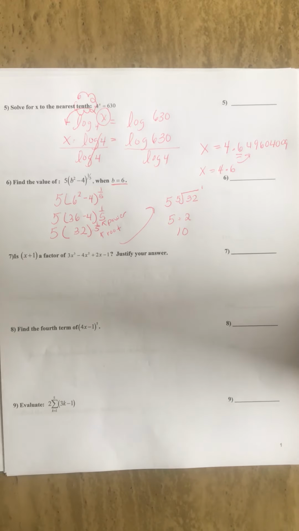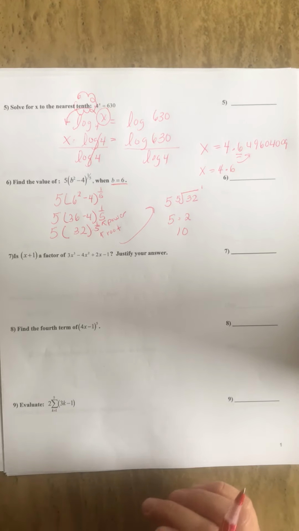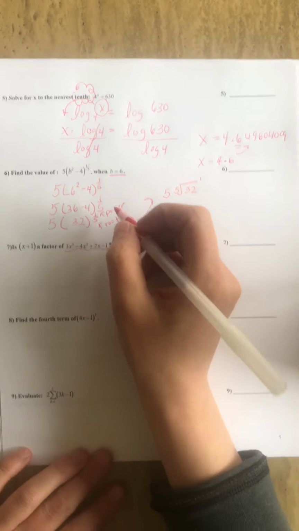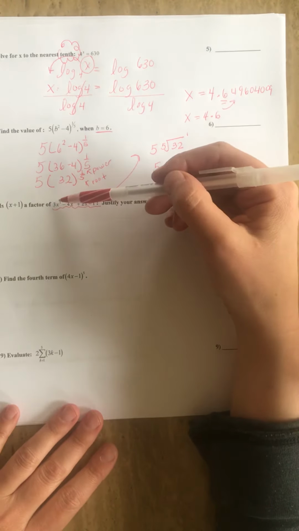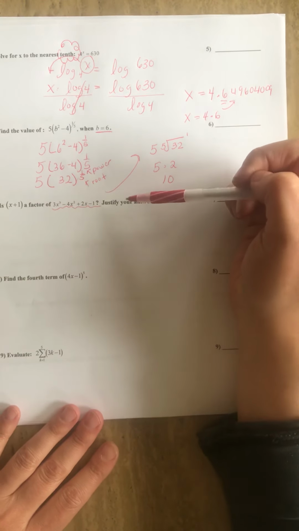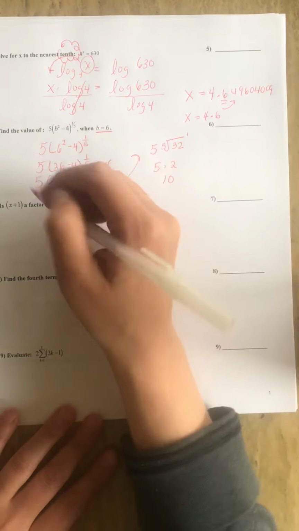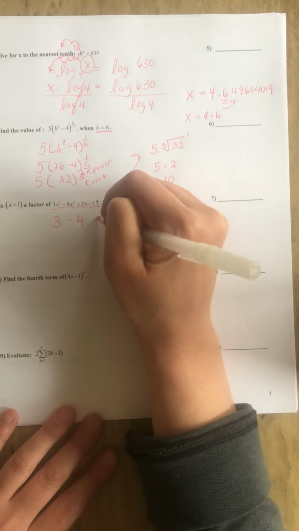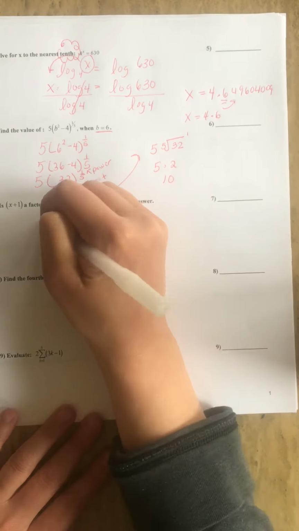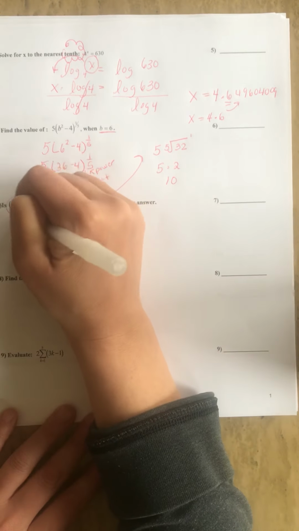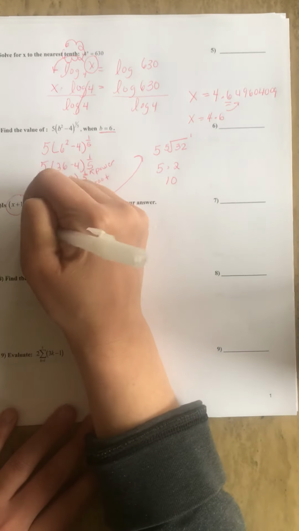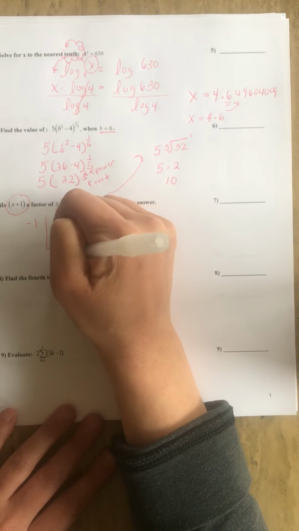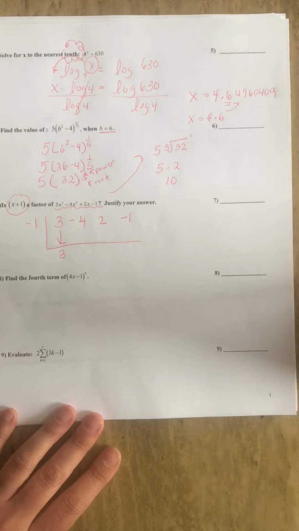And the 5th root of 32, we have 5 times 2, which is going to give us 10. Okay, this one right here, is it a factor? You can always determine if it's a factor by using long division. Make sure you have all your terms, 3, 2, 1, and 0. So you can set this up. You take your coefficients. We have 3, -4, 2, and -1. You're going to do the opposite, which is -1 right here. You're going to bring this down, and then you multiply and add.